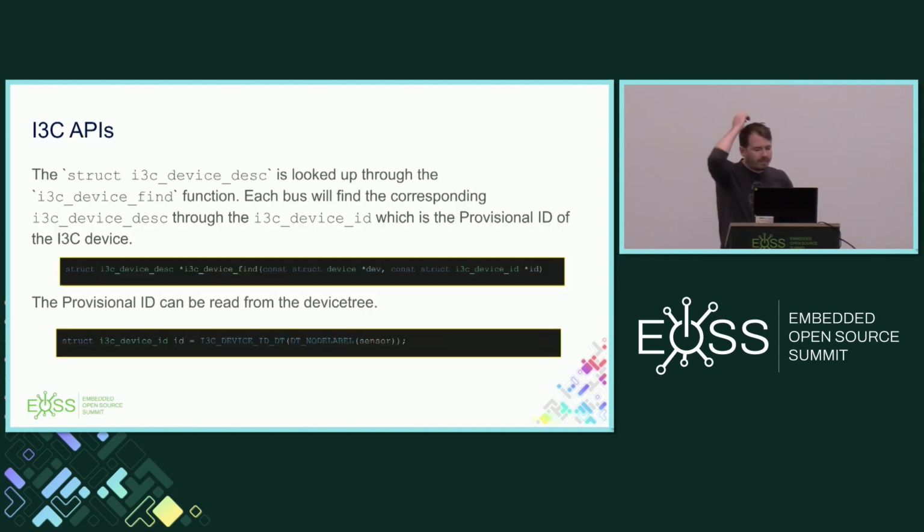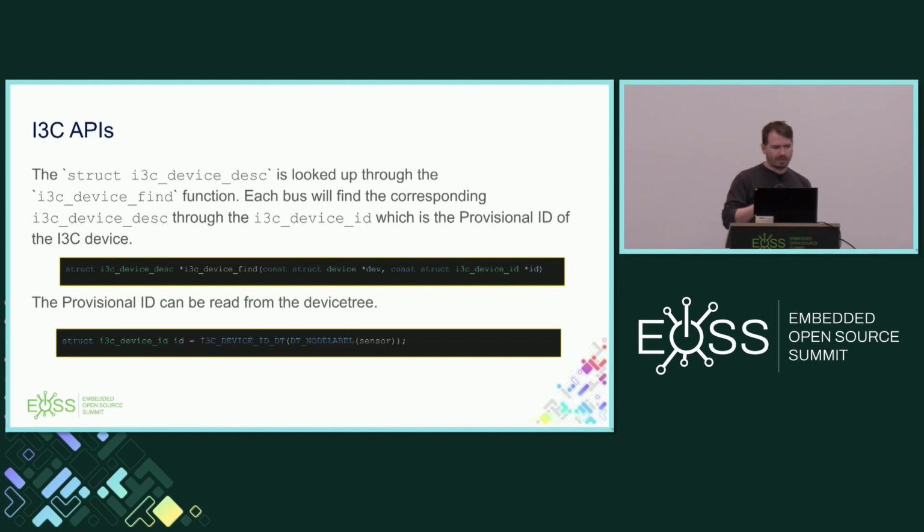Okay, so as I showed earlier, the struct I3C device descriptor is looked up through the I3C device find. So when you want to retrieve that pointer to the device struct, the I3C API has this I3C device find.